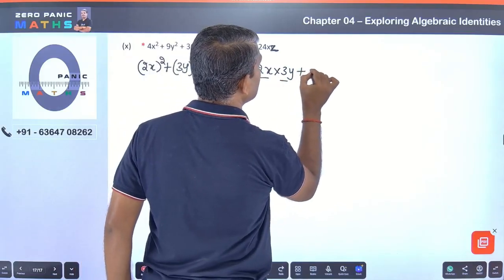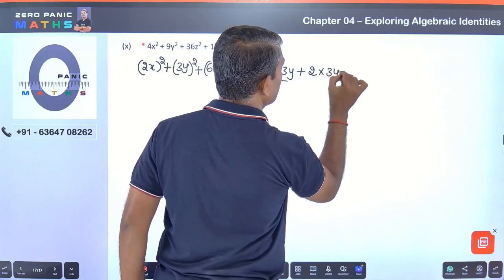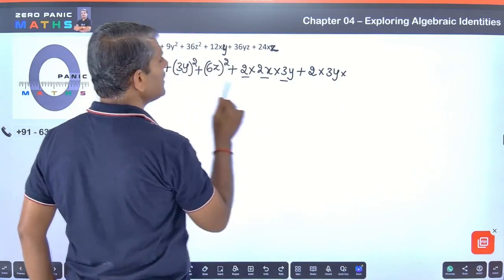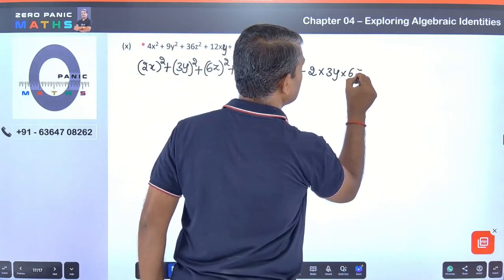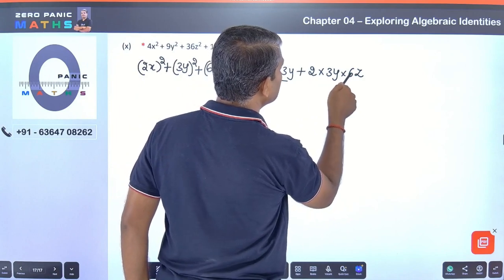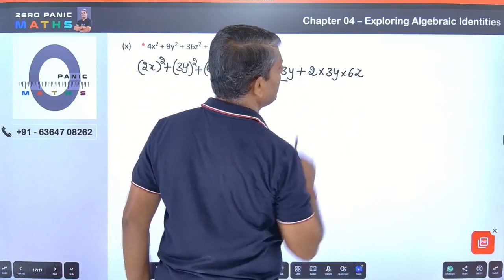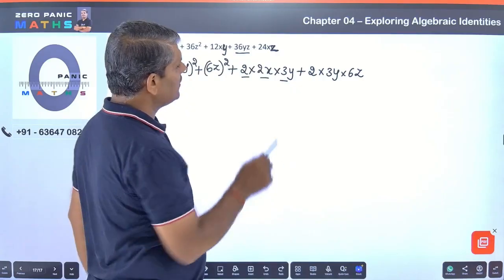Next is 2bc. What is b? b is 3y for me, and what is c? c is 6z. Here also you can see that it is 2bc. 2 3s are 6, 6 6s are 36. It is the middle term, it is 2bc and yz. Understood this? This is 2bc.